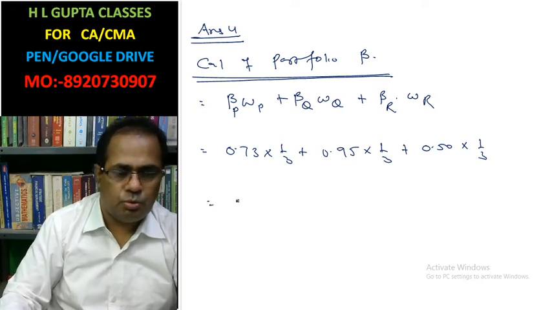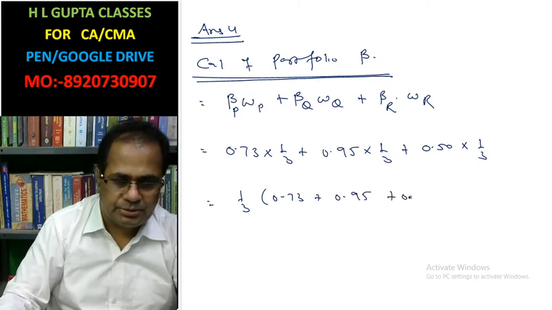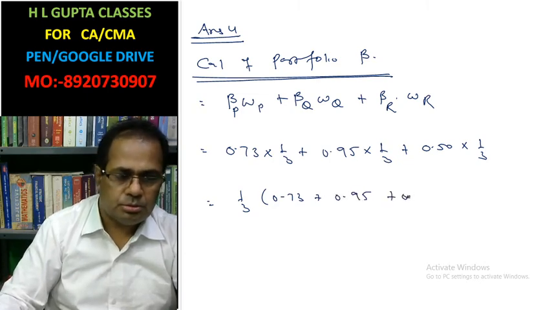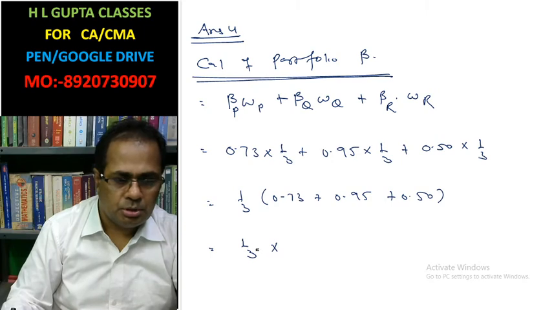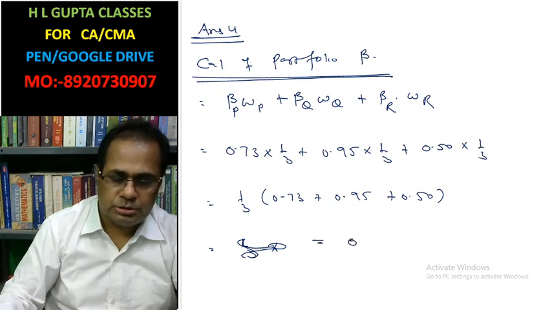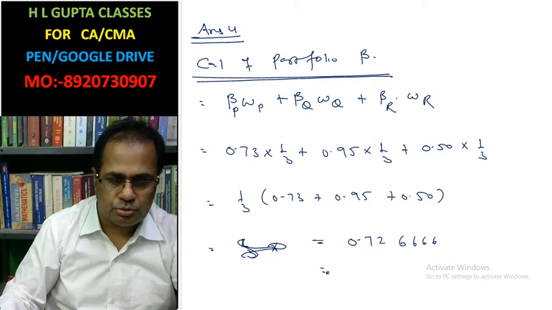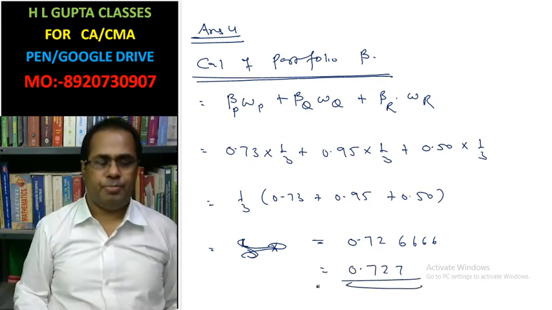This equal to 1 by 3 times (0.73 plus 0.95 plus 0.50). After multiplying this, you can write here 0.726666, that equal to 0.727. This is the portfolio beta.